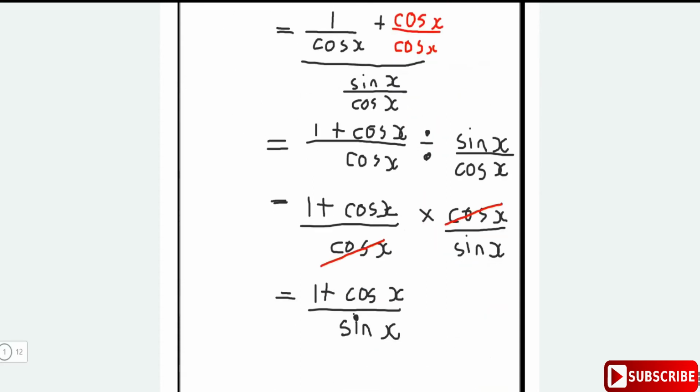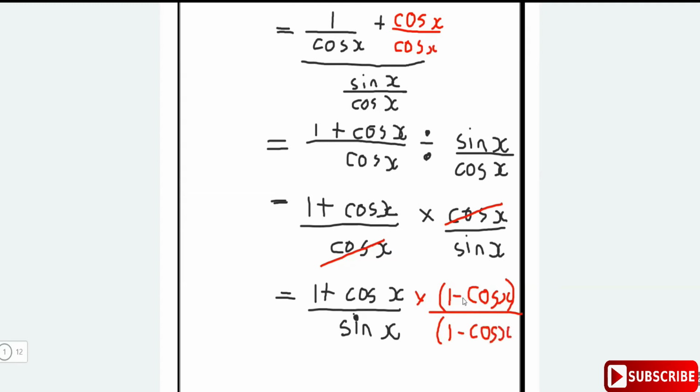Well, looking at this, we're going to multiply the numerator and the denominator by 1 minus cos x. And you might say, why? Because if I multiply the numerator and the denominator by 1 minus cos x, I'm not changing anything, because (1 - cos x) over (1 - cos x) is 1.